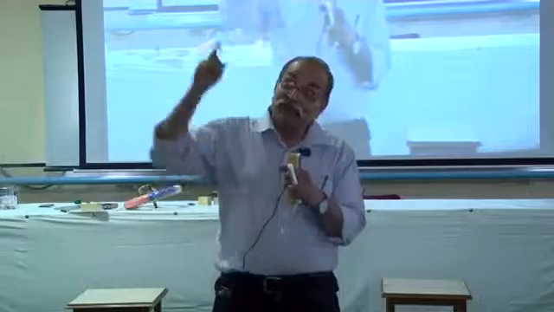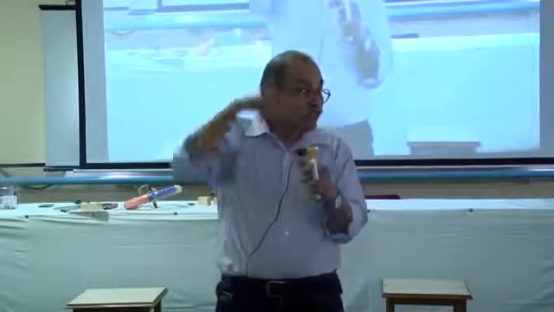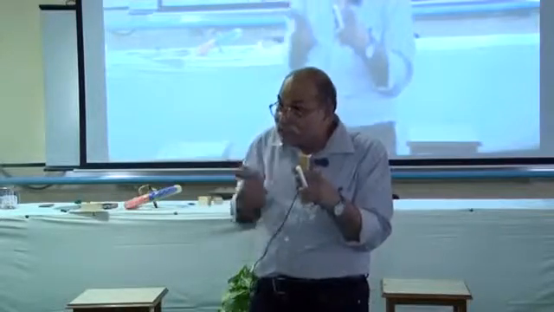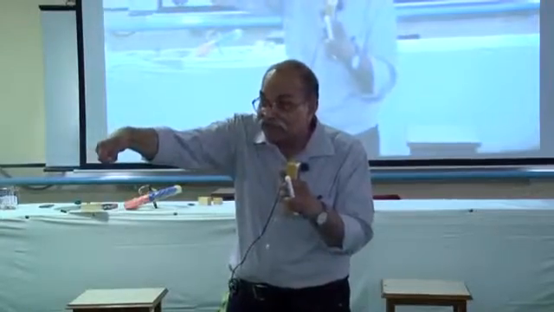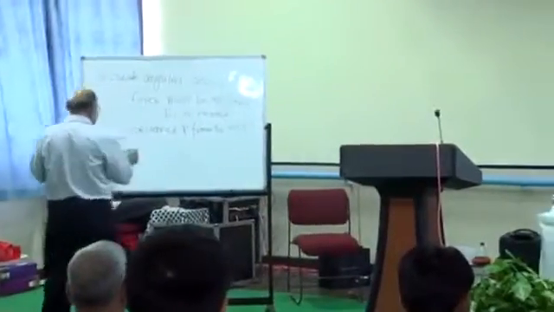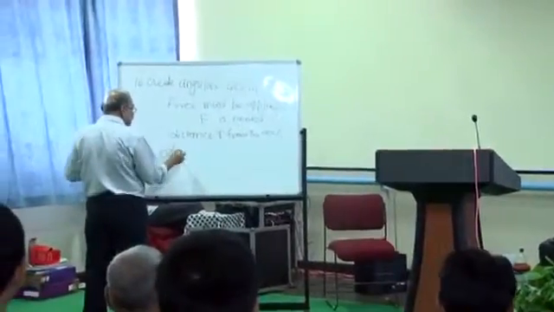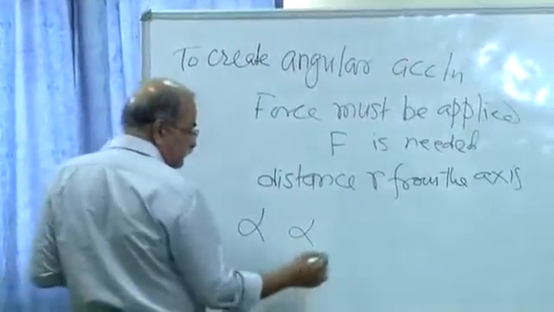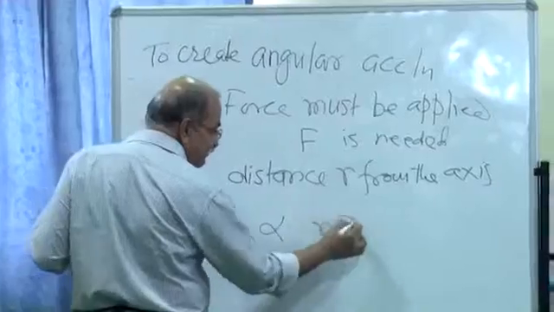So first thing, forget about the component parallel to the axis of rotation. Forget that z component. Then in the xy plane, you see what is the angle of your force with this r. So the angular acceleration alpha is proportional to r into F into sine theta.